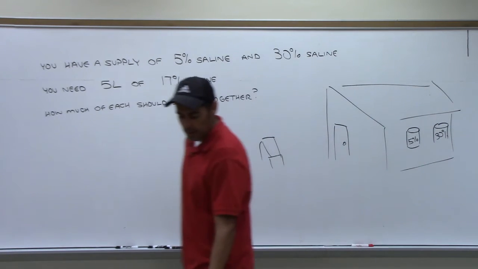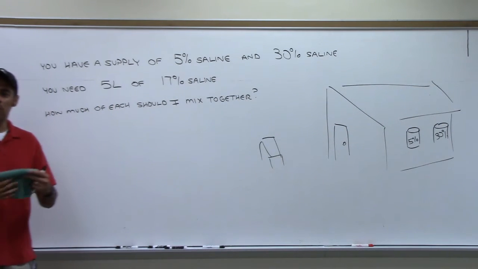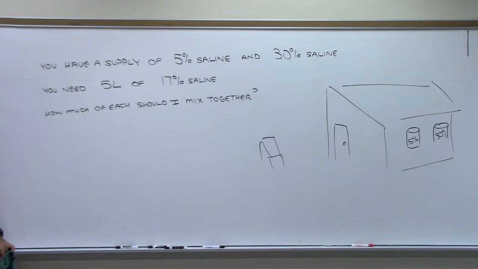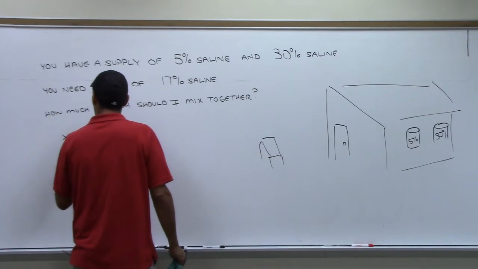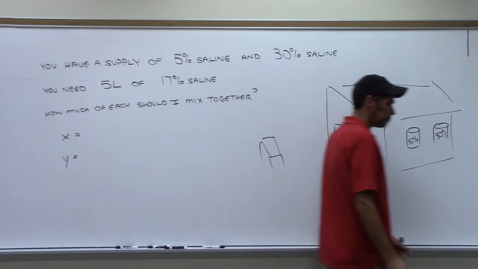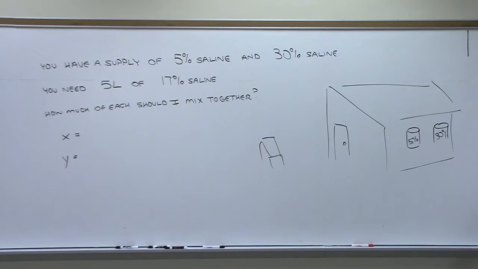All right, so what did I say we did in the last problem? The first step was to assign the variables. So let's use x and y. X is going to be equal to something, y is going to be equal to something. You tell me. 30%. How do you want me to write that? I agree, that's fine, but look, in the last one, x was the number of $5 bills, right? And y was the number of $10 bills. What are we being asked for here?